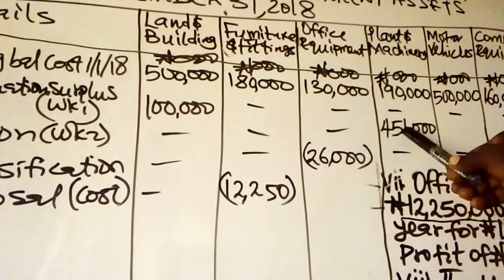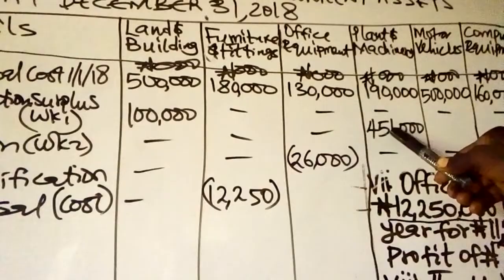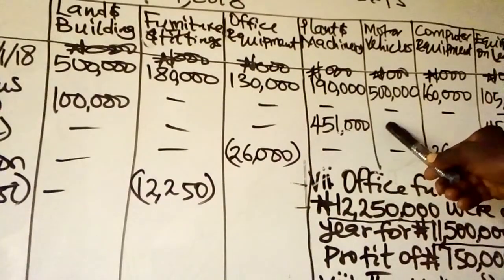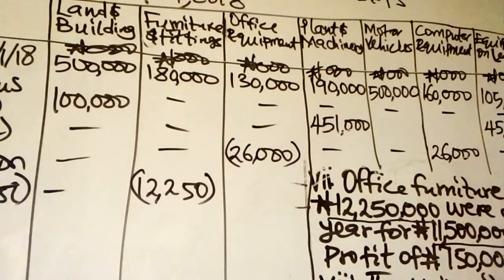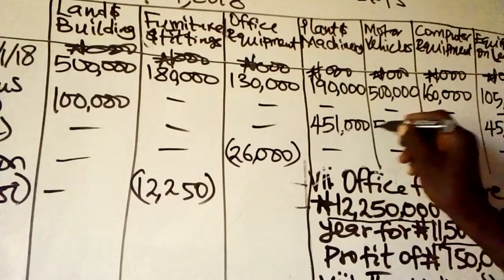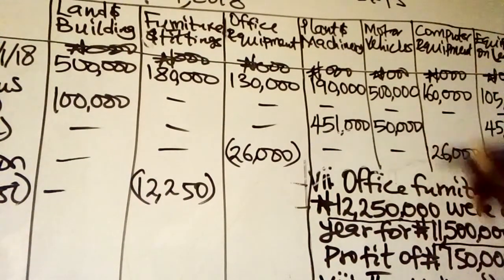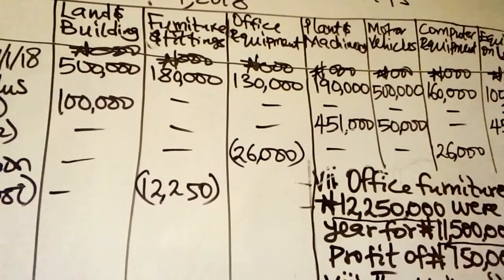The addition to plant and machinery has been considered. Then there is an addition of 50 million to vehicles. All these are the costs, and all the notes have been dealt with. Then the next thing is to sum this up.